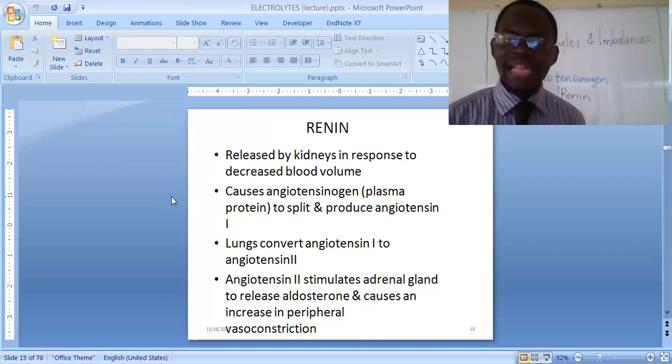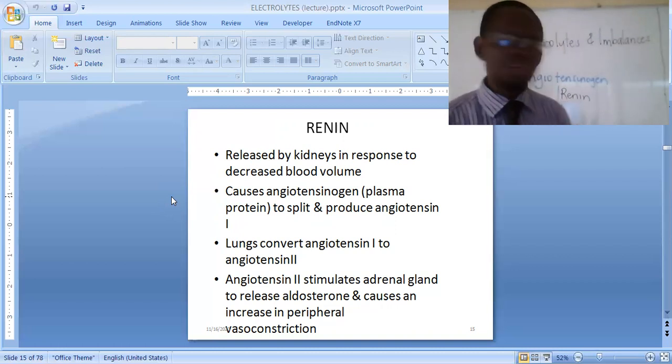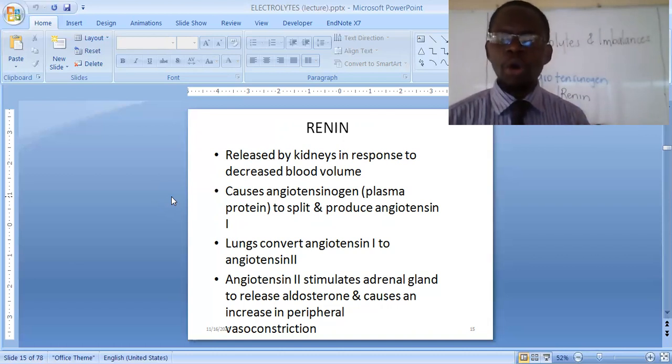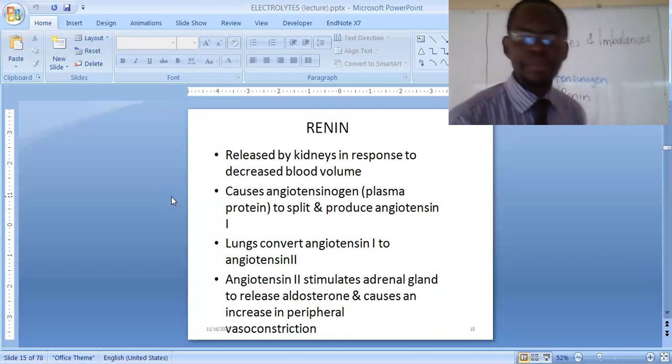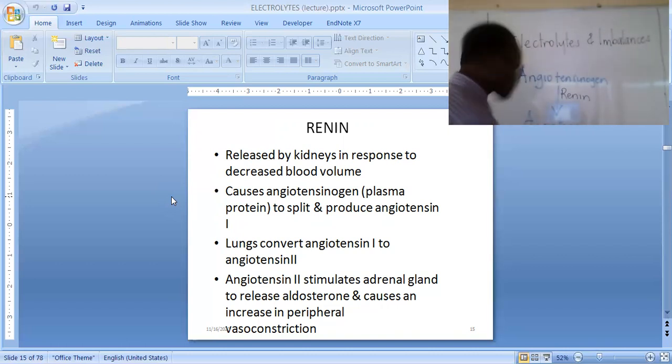And that enzyme located within the lungs that causes conversion of angiotensin 1 to angiotensin 2 is called angiotensin converting enzyme. So you have renin causing angiotensin 1.